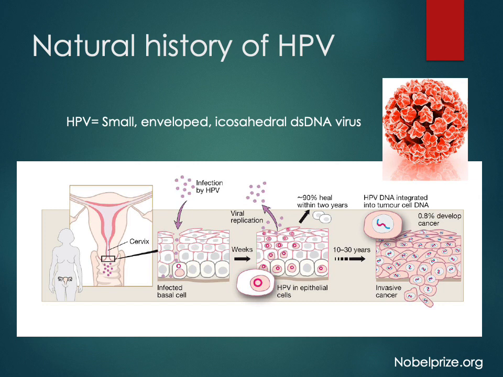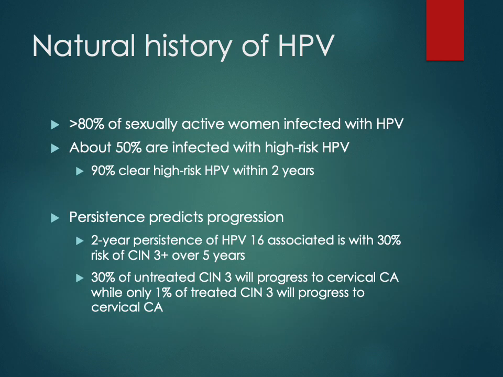For those women that continue to have the virus, those are the ones that are at increased risk of progression to cervical cancer. So about 50% of women who are infected with HPV are infected with the high-risk types, but again, 90% clear this high-risk type within 2 years. It's important to remember that persistence of HPV predicts progression.